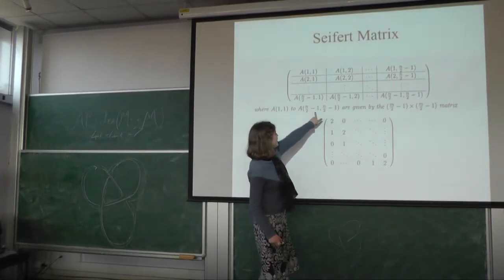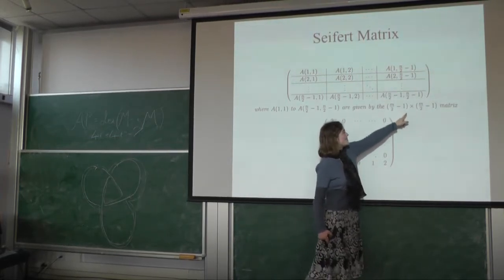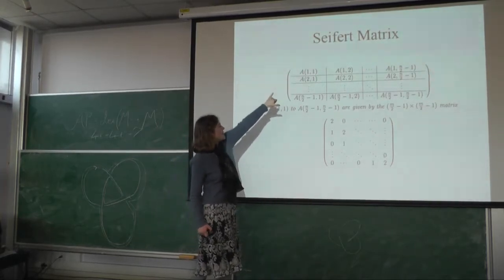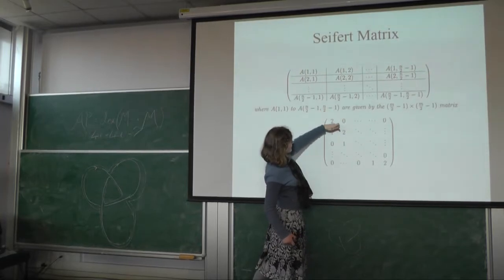So one of these submatrices is going to be a 2 by 2 one, and this is just going to be a 1. So we get the first submatrix, the 2 by 2 version, which means just this one here.